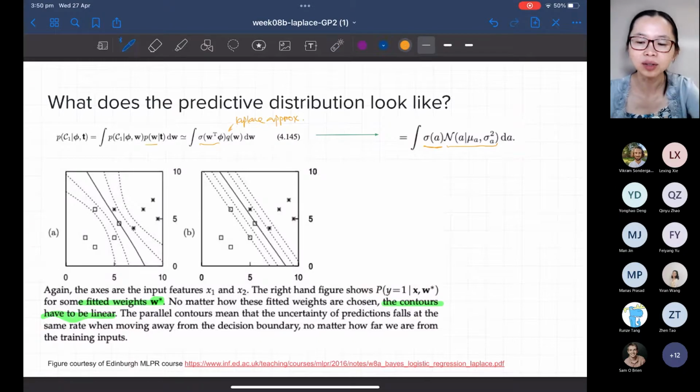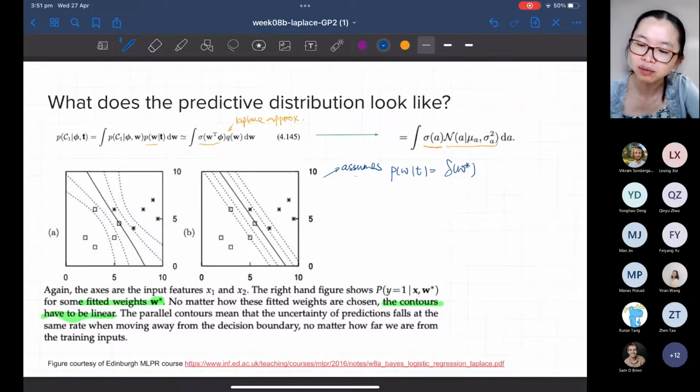Good question. The right-hand side picture assumes it doesn't actually do the integration upstairs. In other words, it assumes that the probability of the weight given the data is a Dirac delta function around the optimal weight.